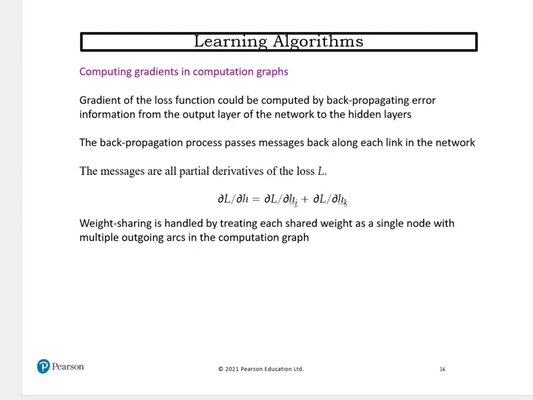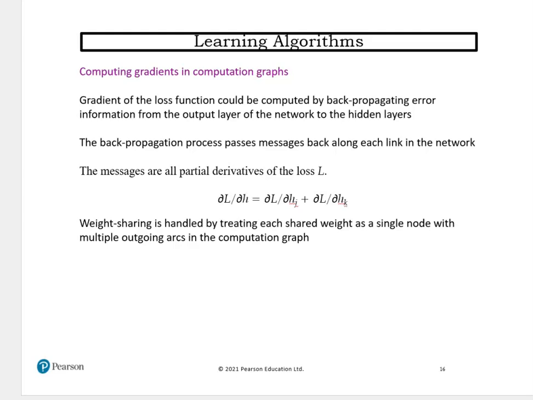There are a lot of enhancements to this basic gradient descent idea. We're not going to have the opportunity to discuss all of them in this class, but here are some of the most important ones you should be aware of.